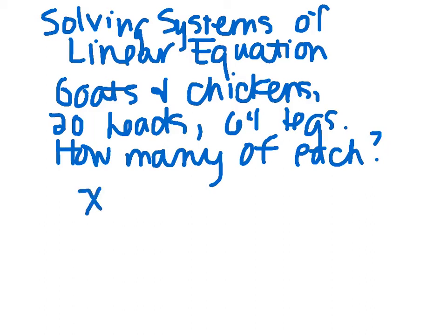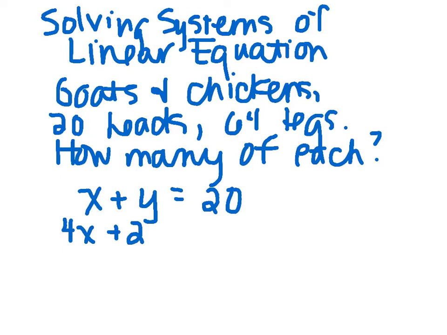We know that x plus y, chickens plus goats, or actually let's see, goats plus chickens is equal to 20. And we know every goat has 4 legs, and every chicken has 2 legs. And that has to be adding up to 64.